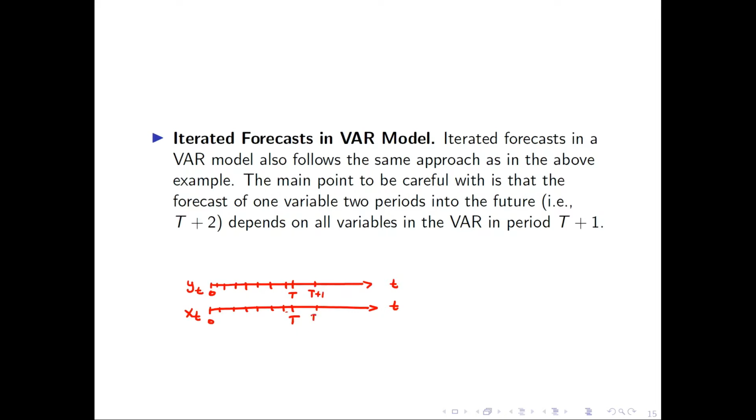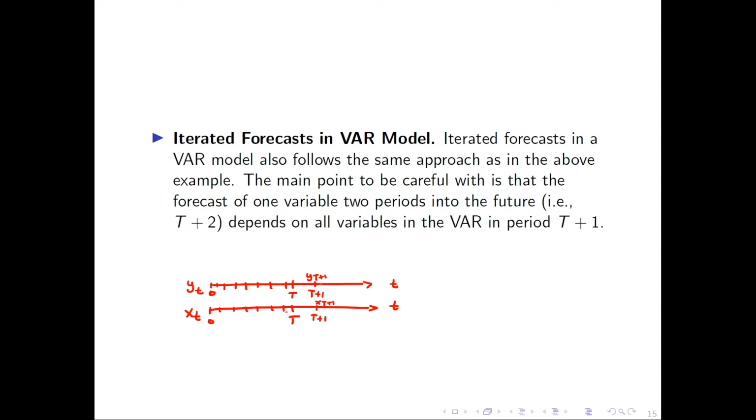But now you are actually making a forecast not only for yt plus 1, but also for xt plus 1. So here you have yt plus 1, and here you have xt plus 1. These are just numbers, and they are the forecasts which you have made by applying your model to historic data.